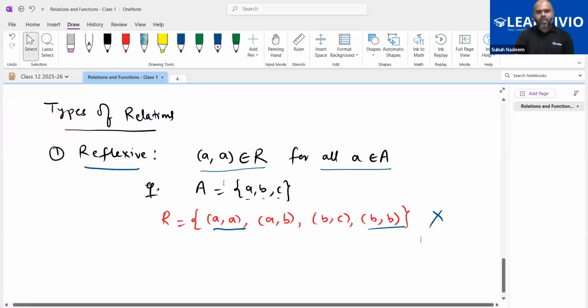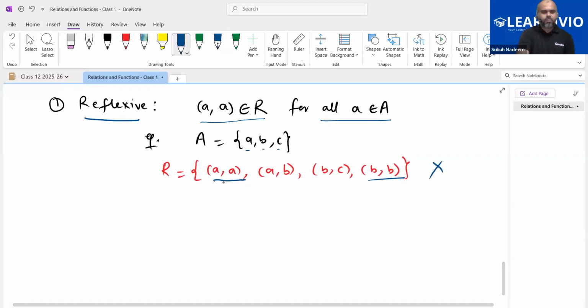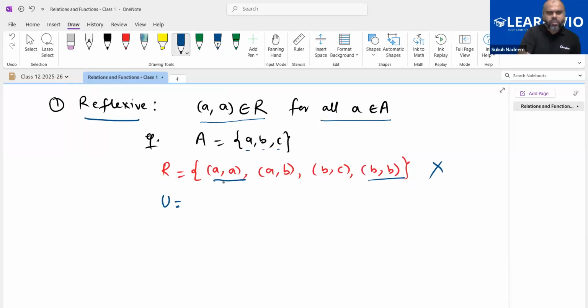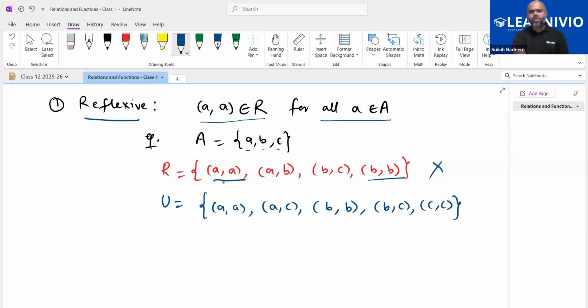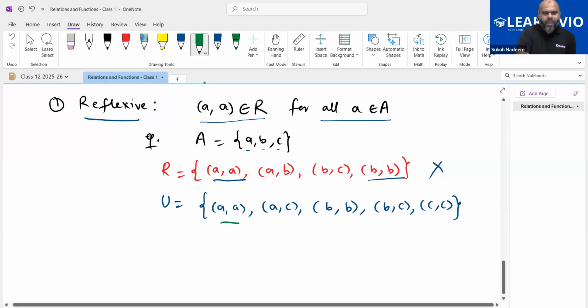If we have another relation, suppose U, which is having (a, a), (a, c), (b, b), (b, c) and (c, c), suppose. Here, if we observe, (a, a) is there, (b, b) is there, (c, c) is there.